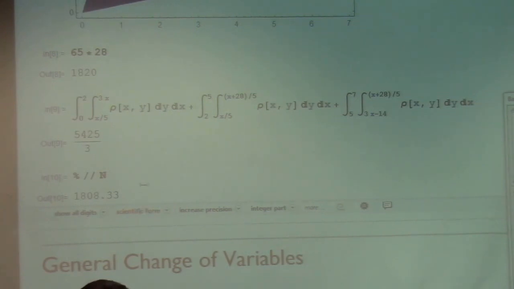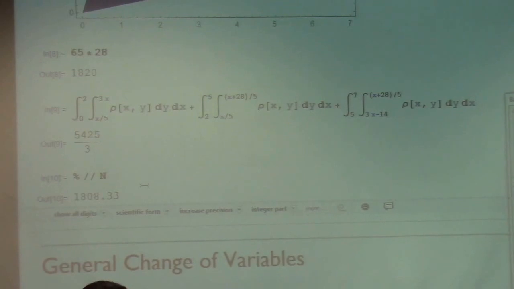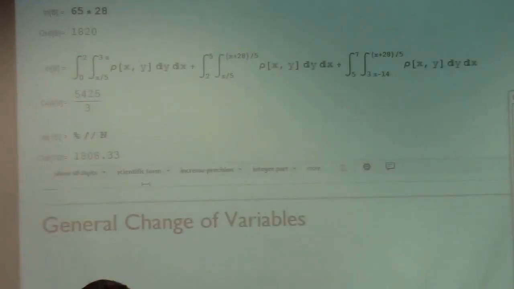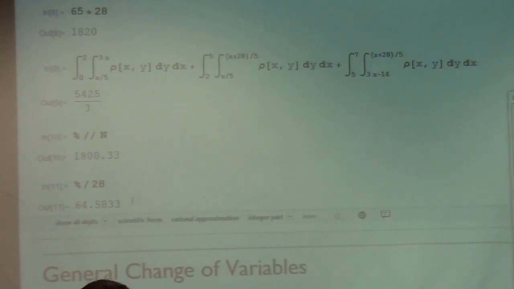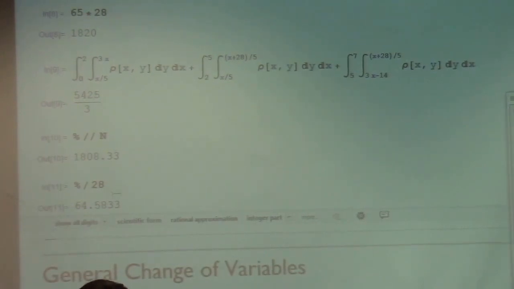Therefore, if I divide that by 28, the area of the parallelogram, then I'll get the average density. The average density is closer to 65, not 68. Okay? All right, so based on the tools we have so far, that's how you'd have to do that integral.